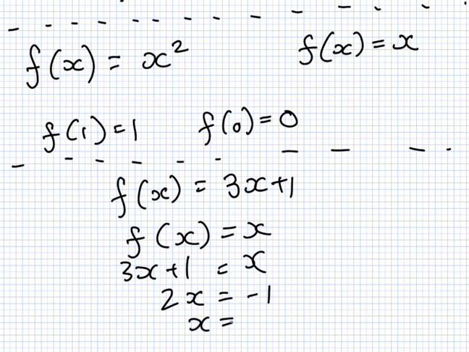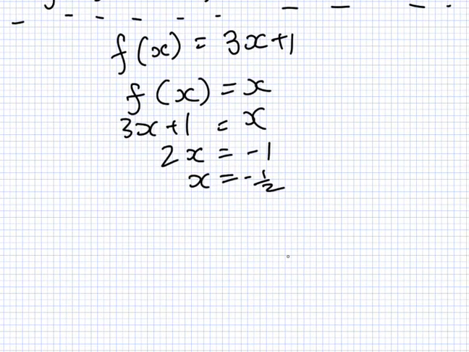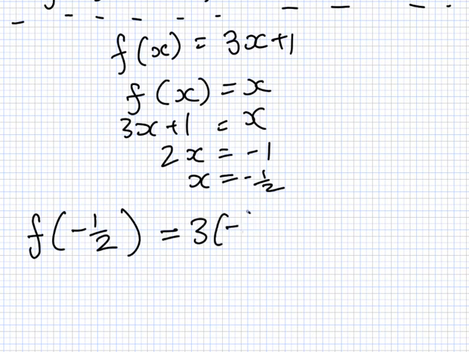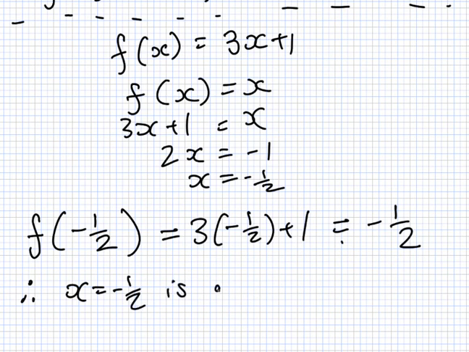So that's when x equals minus a half. So you can see this for yourself. If you take f of minus a half, 3 times minus a half plus 1, if you type that in the calculator, you do get minus a half. So you have, therefore, x equals minus a half is a fixed point of f of x.